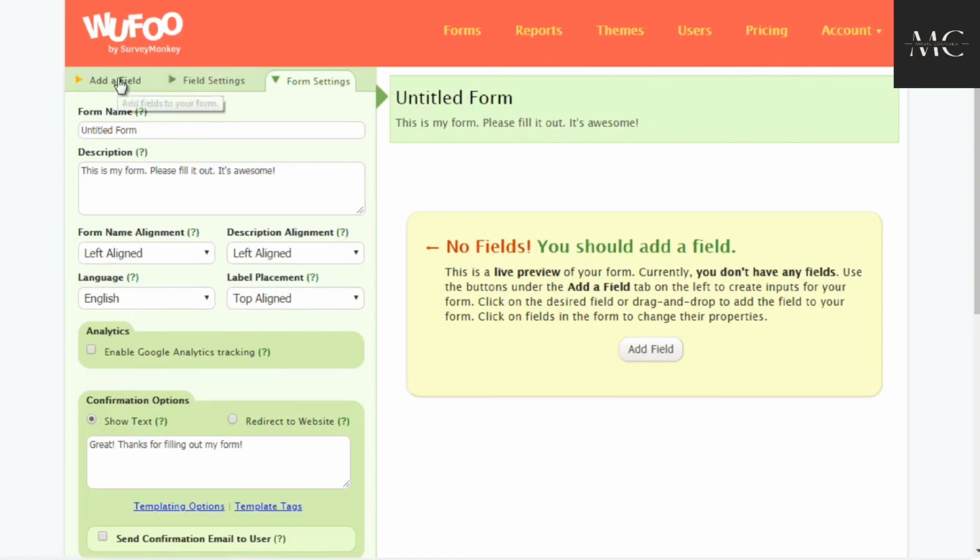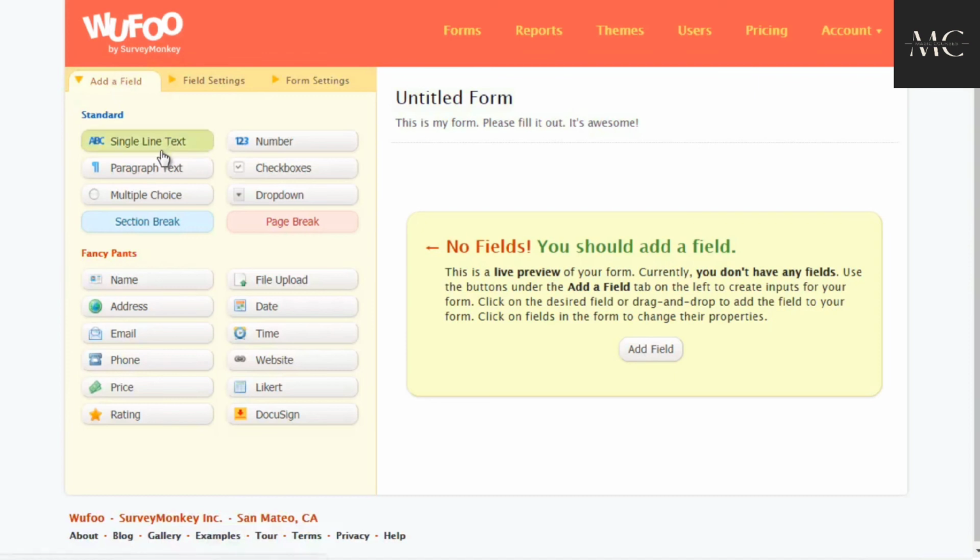But if we go over to add a field, in terms of building out your survey, what you want to do is stick with questions that are very easy and non-threatening in the beginning, such as what is your age, what is your name, what is your email, something that is very non-threatening. Because what happens is if you put in questions that people feel are maybe invading their privacy in the beginning, then they will be more skeptical or even reluctant to complete your survey.